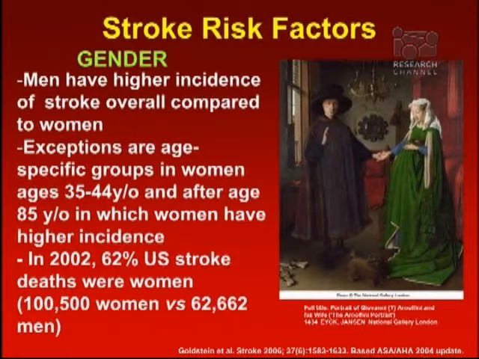The younger age group, 35 to 44, may reflect pregnancy, women of childbearing age, birth control pills, things like that, that I will go into more detail later. And it's thought that in the older age group, women tend to live longer than men, and that's why there may be a higher incidence in that older age category. And in 2002, 62% of U.S. stroke deaths were actually women.